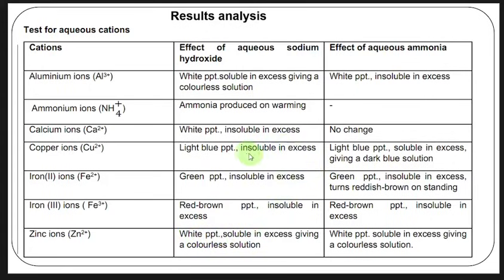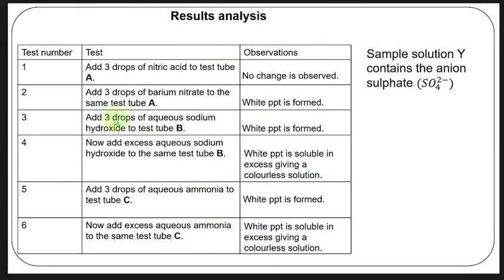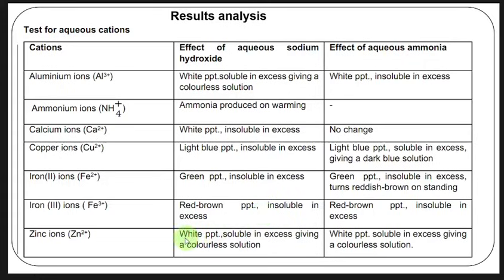Let me show you that we saw it when we added the few drops of aqueous sodium hydroxide. So here, when we added the 3 drops of aqueous sodium hydroxide to test tube B, we saw that the white precipitate was formed. So just like this result here, few drops, white precipitate is seen. Now when excess is added to the same, we see that the white precipitate is soluble in excess, giving a colorless solution.